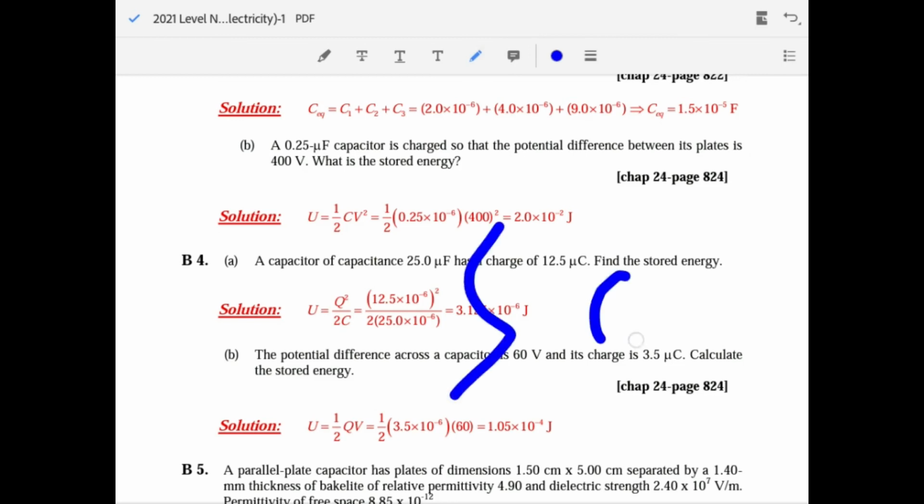It's just the integral of Q dQ, you get Q squared over 2, and 1 over C is the constant that you take out. So apply the formula, half CV squared, 0.25 times 10 to the power minus 6 is C, V is 400, and you get the answer.